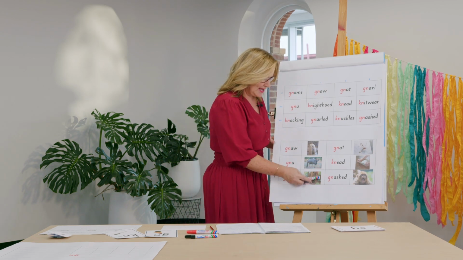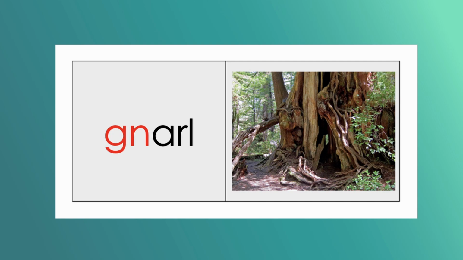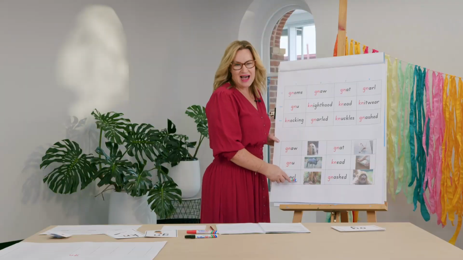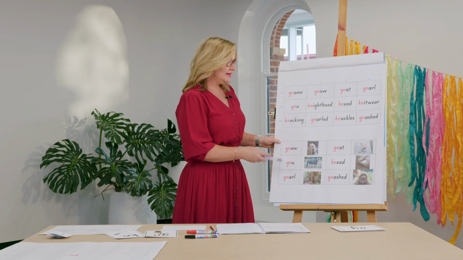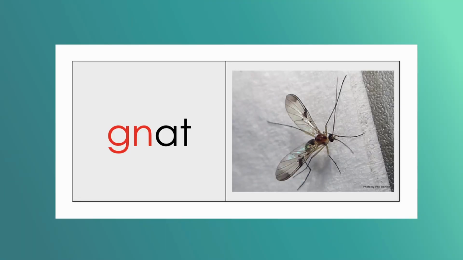So if you look here in this tree, you can see that the branches and the roots and the actual body of the tree is really twisted and distorted. So that's gnarl. Our next one is the gnat. Now I had to look this up because I didn't know what a gnat was, but it's like a mosquito. It's actually really, really tiny, and it's a two-winged flying insect. So that's a gnat.